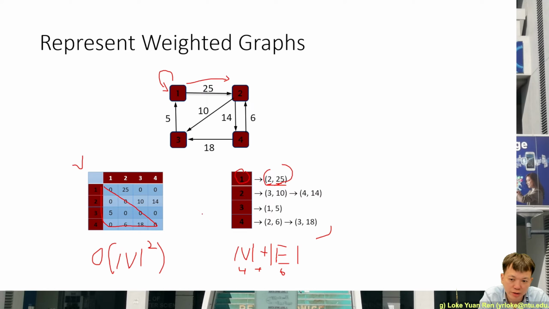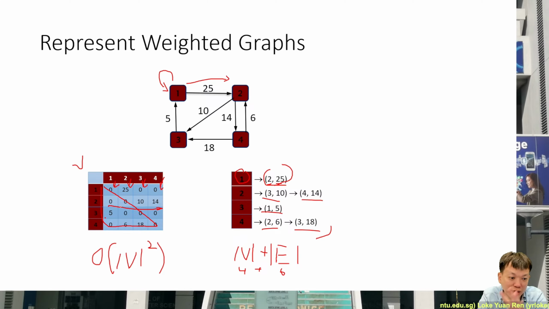With the matrix, you always have to check, are they connected? Is it non-zero? Is it non-zero? You need to run a for loop to search all the vertices. But the linked list is straightforward, it just tells you that there are 2 nodes. Yeah, this one has 1 node. There's only 2 nodes. With the matrix, you really need to go through the whole row. Then you know who is their neighbor, who is not their neighbor. It will take time.